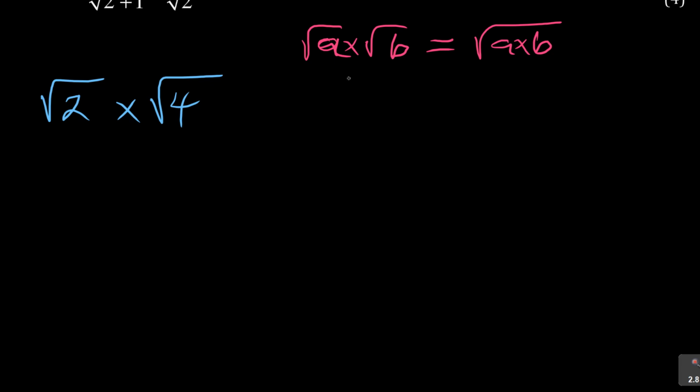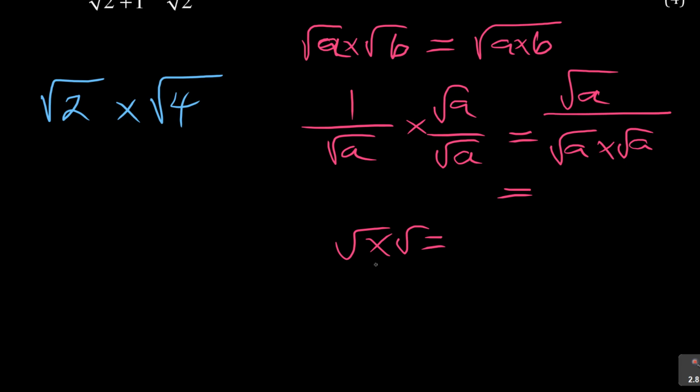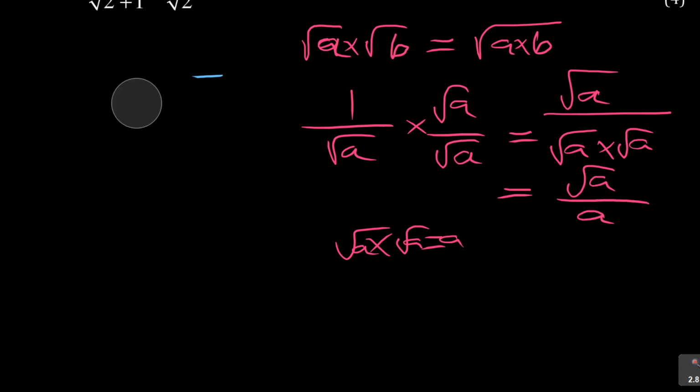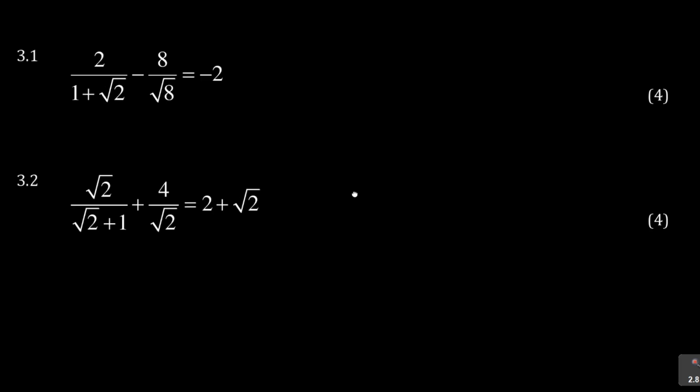And when you are rationalizing, for example, I'm given 1 over square root of A. To rationalize, multiply by square root of A at the top and square root of A at the bottom, so that you have square root of A times square root of A over A. But you must remember, a square root times the same square root gives you A. So you've got square root of A over A. These are a few things you just need to be aware of. Rationalization is what is mostly needed here.